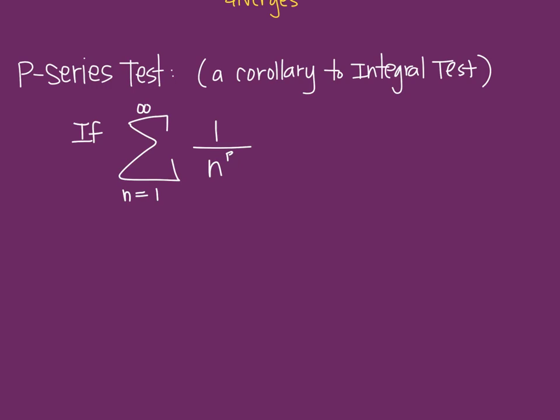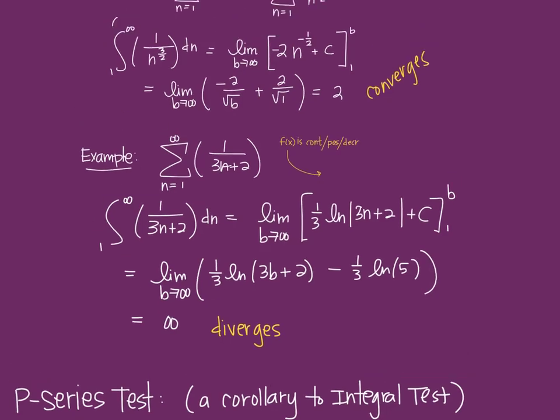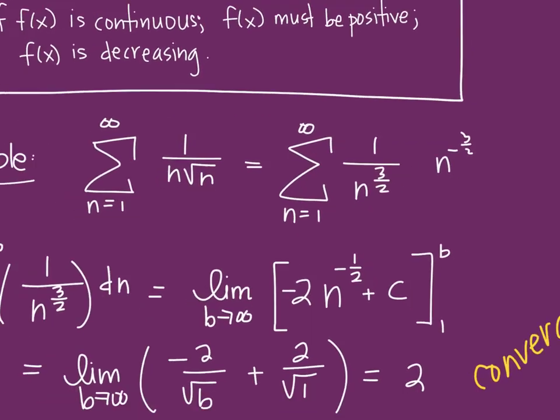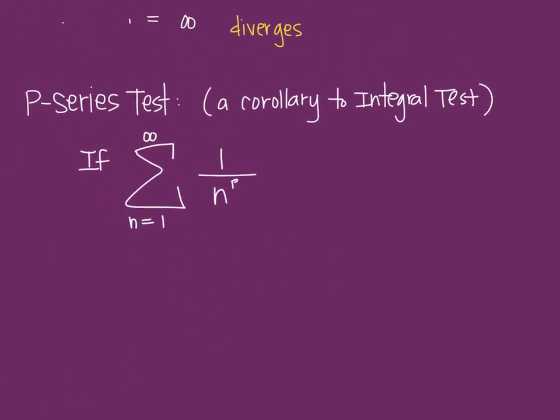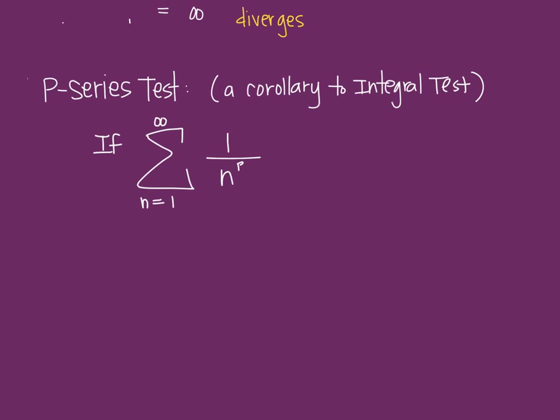In fact, it happens so much that you're going to do 1 over n to the 3. We did 1 over n to the 3 over 2. You could every single time prove it with the integral test. But because it happens so much, they give it its own test, and then you can say, because of the P-series test, I don't have to go through all the work of proving the integrals. Okay, but it comes from the integral test.